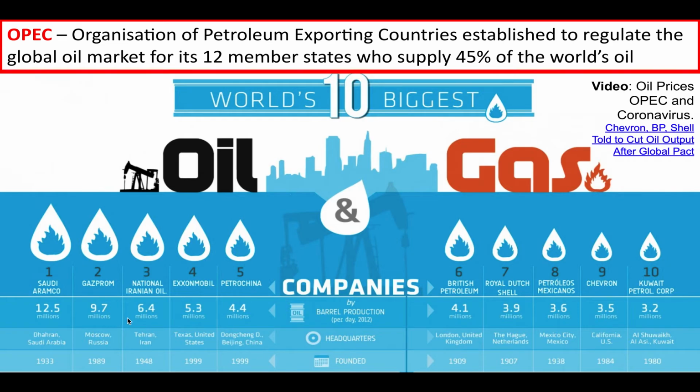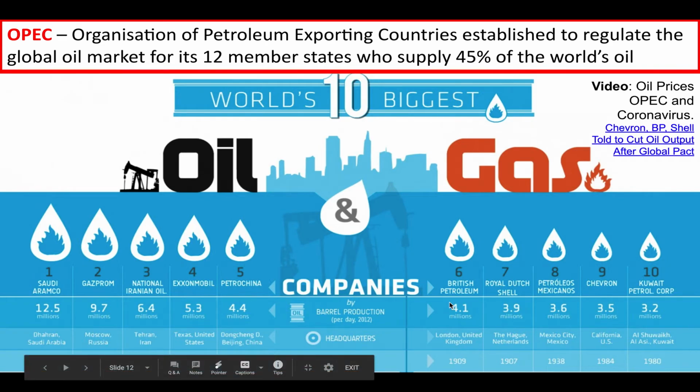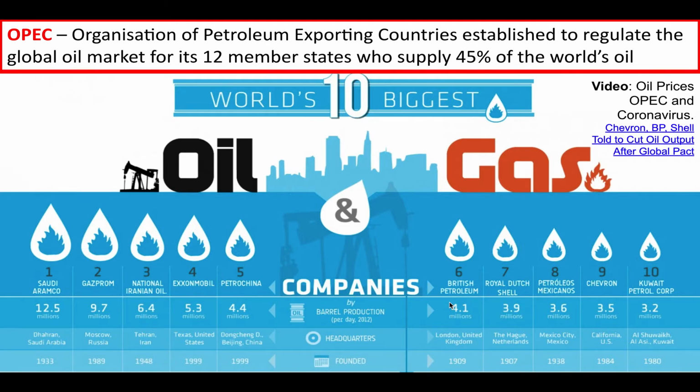No. And where on this list is Venezuela, for example? It's a really unfortunate thing, but actually, many of the companies that are making money from oil production are not the ones who are based in the countries that have the oil resources.